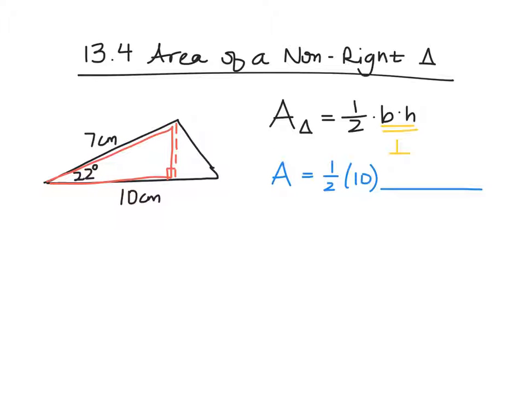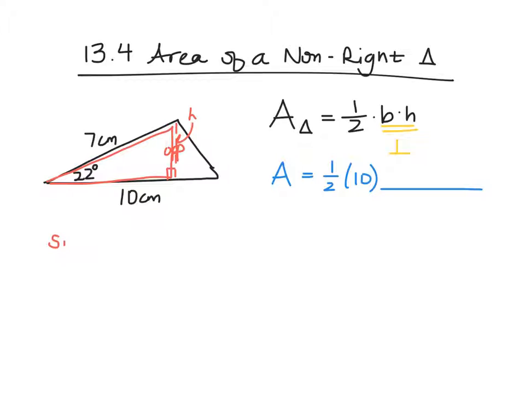So if I want to set up a trig ratio, I know that I've got this opposite side, which I'm calling the height. So don't get that h confused with hypotenuse. And then I have the 7, which is the hypotenuse. All right, so if I set this up, opposite over hypotenuse, that gives me sine.